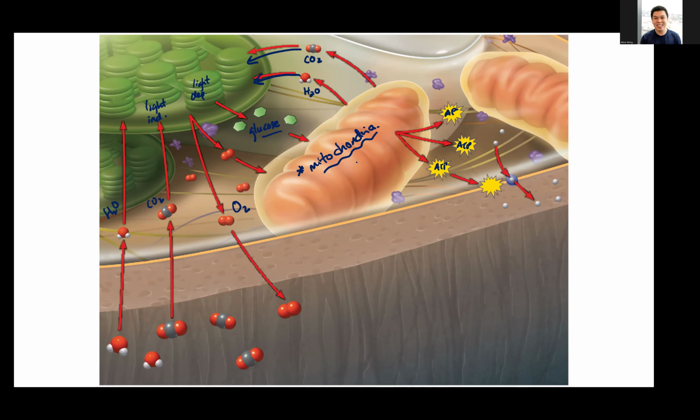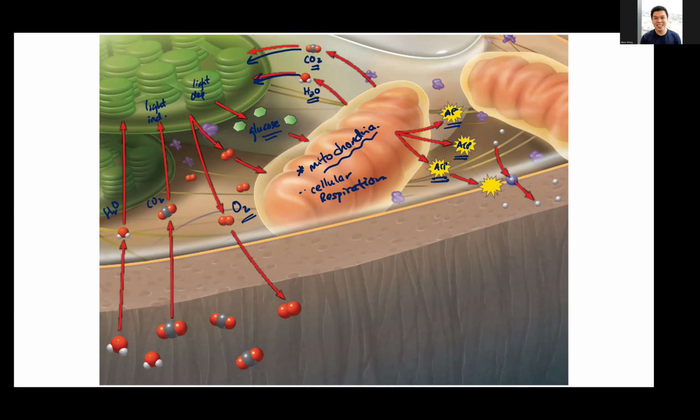Mitochondria use glucose and oxygen to get all the energy in ATP form and then produce water and CO2. The role of the mitochondria is to undergo cellular respiration. So that's how you can see the connections between chloroplast and mitochondria. These two organelles work side by side in plant cells.